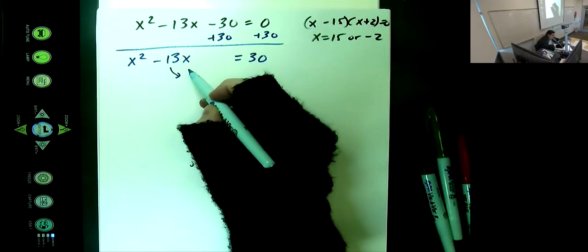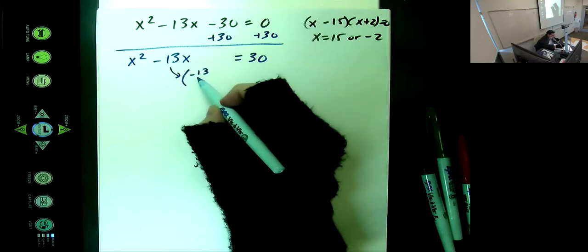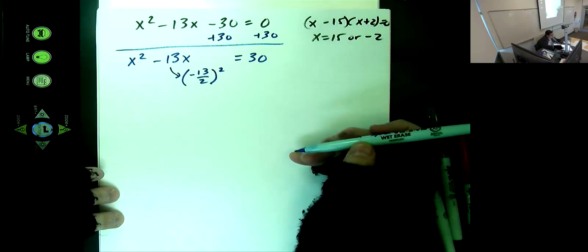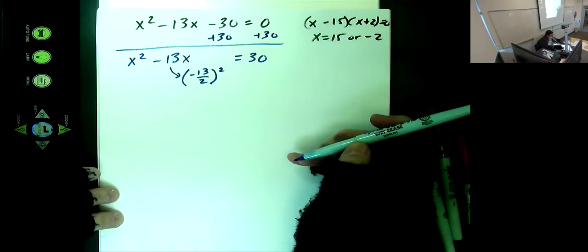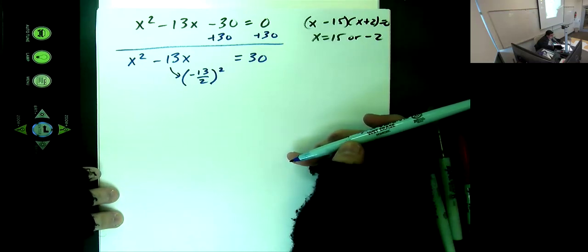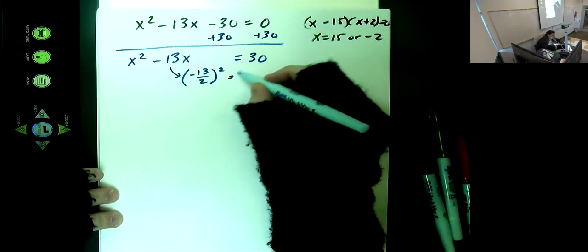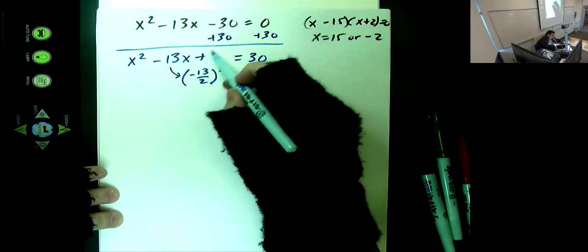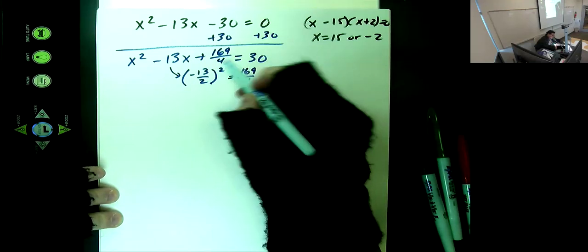We take this, it's -13, we divide it by 2, and we square it, which is 169/4. That's what's getting added to both sides.